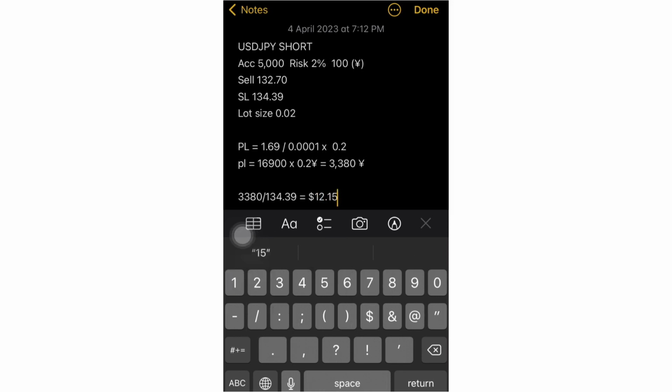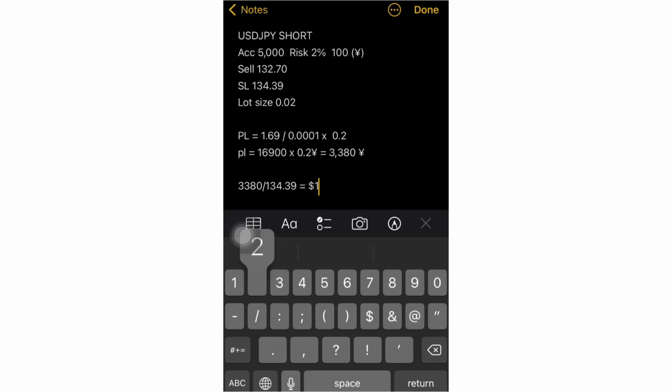So as I said, 25.15. So meaning that when we use lot size of 0.02 and the trade goes against us, we are losing just $25, maybe out of whatever account that you have.